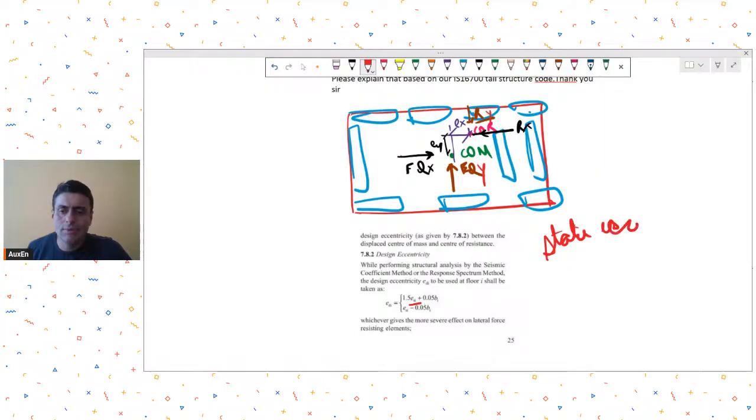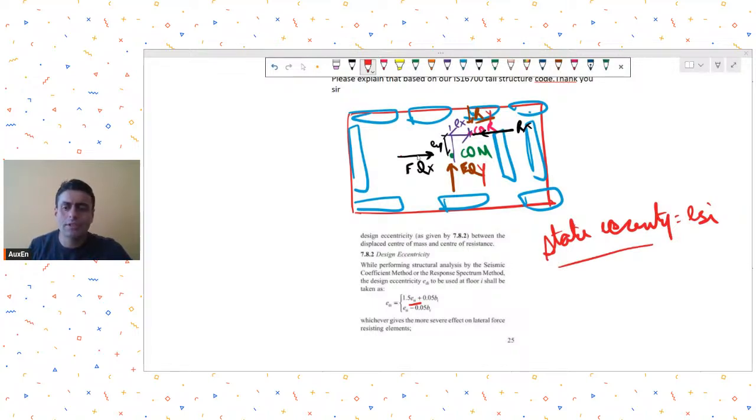This is the difference between the COR, that is center of rigidity, and COM, center of mass. So this is being termed as ESI. Then you have to take some accidental eccentricity. Now this may be due to some differences in construction, or under the effect of an earthquake event, some changes in the rigidity and center of mass may happen.